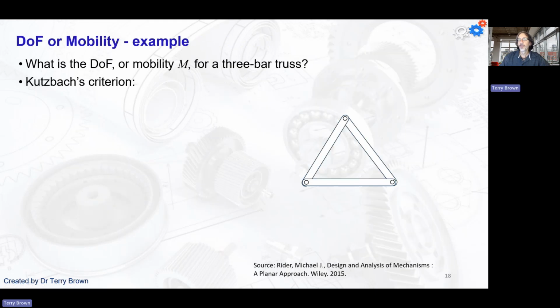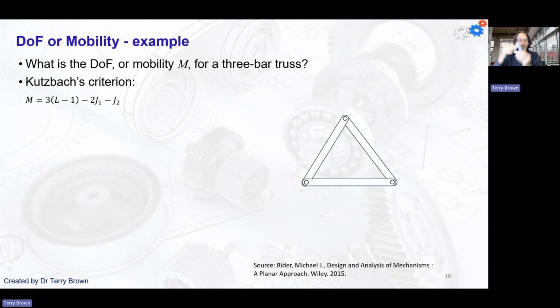All right, what about if we do a 3-bar truss? What are we going to get? Okay, let's use Kutzbach's criterion. So hopefully you can guess or think what the mobility might be. Hopefully you know that it's not actually a mechanism. This is going to be a structure. So a triangle, 3 links connected together like this to form a triangle, can't move.